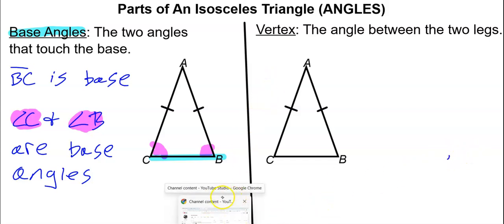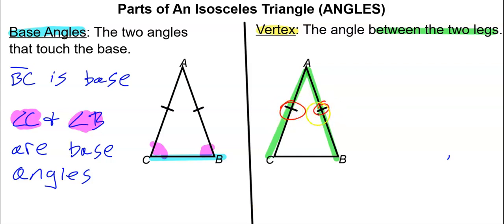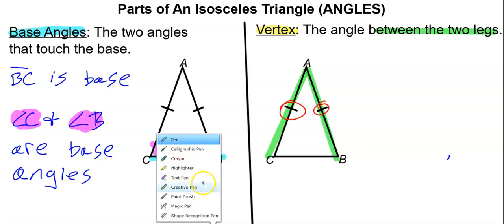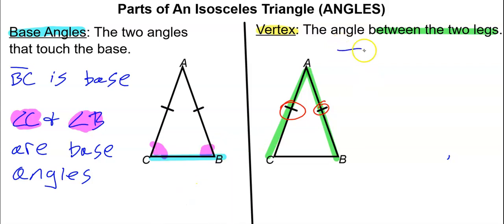And then we have our vertex. Our vertex is the angle between the two legs. The legs are those two sides right there. Those are my legs because they're congruent. See the congruent ticks? Those are the legs. So AC and AB are the legs. Let's jot that down.